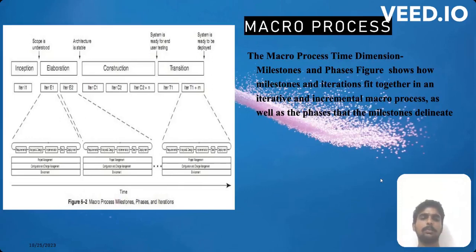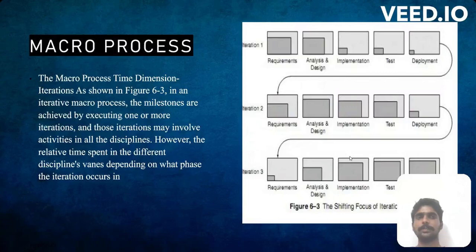Now, the next subtopic is the macro process time dimensions. First, the milestones and phases figure shows how milestones and integrations fit together in an iterative and incremental macro process, as well as the phases that milestones denote. Now, this is a diagram for macro process milestones, phases and integrations.